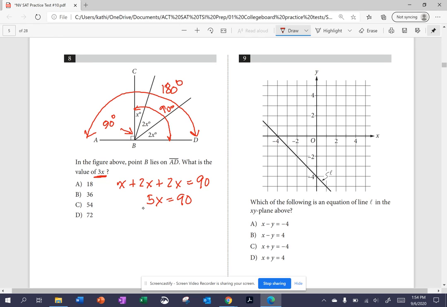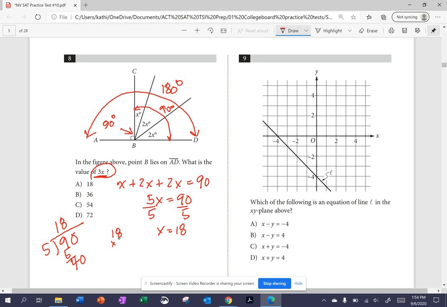I'm going to divide both sides by 5. So 5 into 90. 5 goes in once. The remainder of 4. 5 into 40 is 8. So x equals 18. But it's asking me for what's 3x.